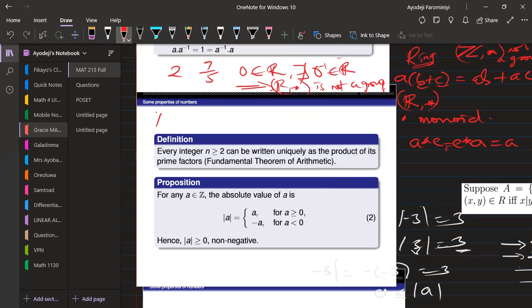If I remove 0 from R, so R minus 0 together with multiplication, this is a group. If we remove the element causing the problem from the set, it will be a group.